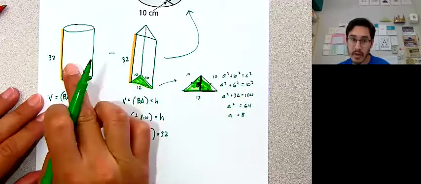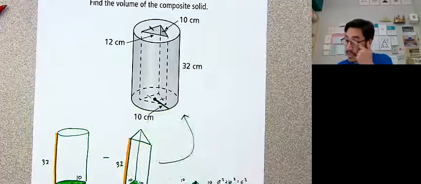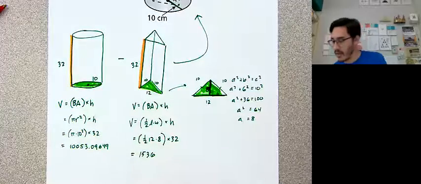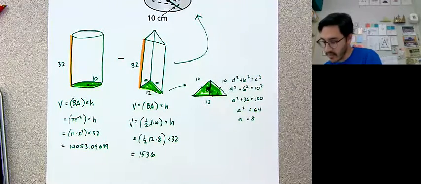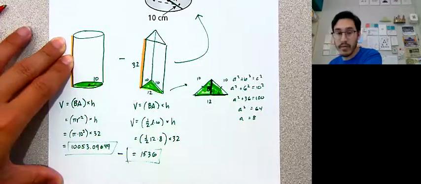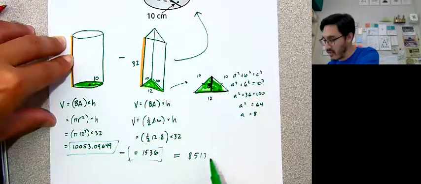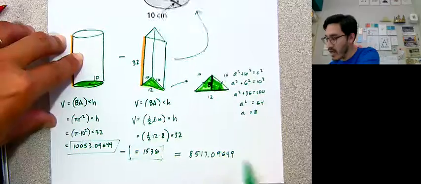We're removing that from the volume of the cylinder. So we're now going to subtract these two values to get the volume of this solid. 10,053.09649 minus 1,536. The difference between those two numbers is 8,517.09649.